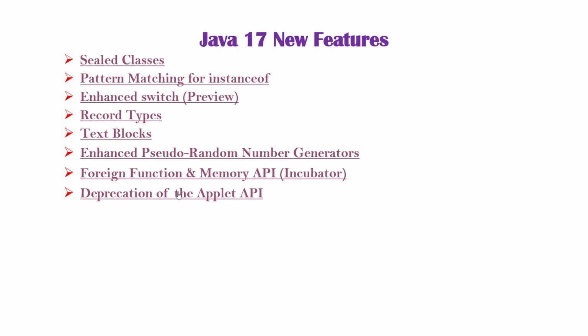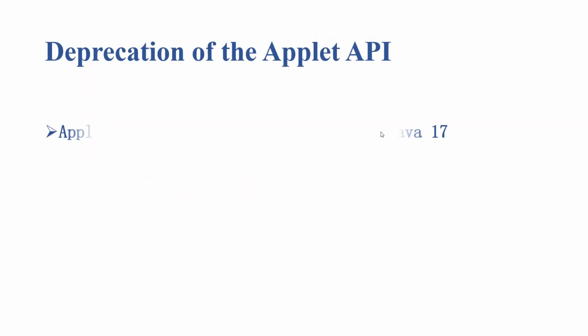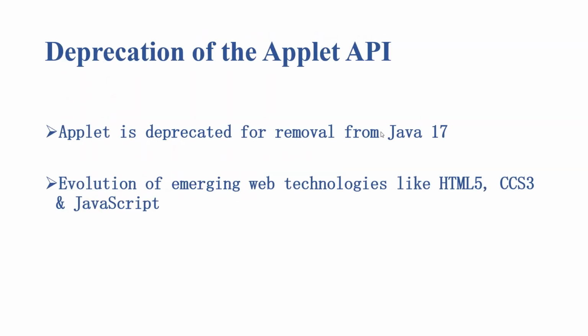Next, there is a deprecation of the applet API. What does it mean by the applet? Now, what is the applet? An applet is nothing but a small Java program that can be embedded into web pages, which is executed by Java-compatible web browsers. With the evolution of emerging technologies like HTML5, CSS3, and JavaScript, there is a decline in applet-based applications in the industry.